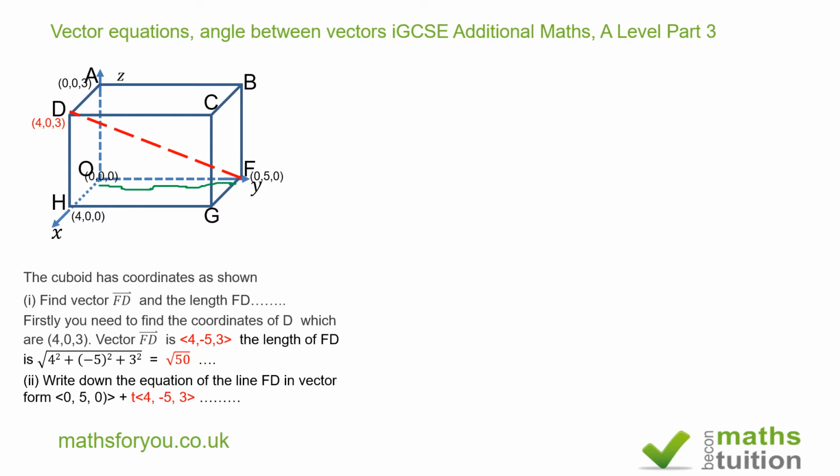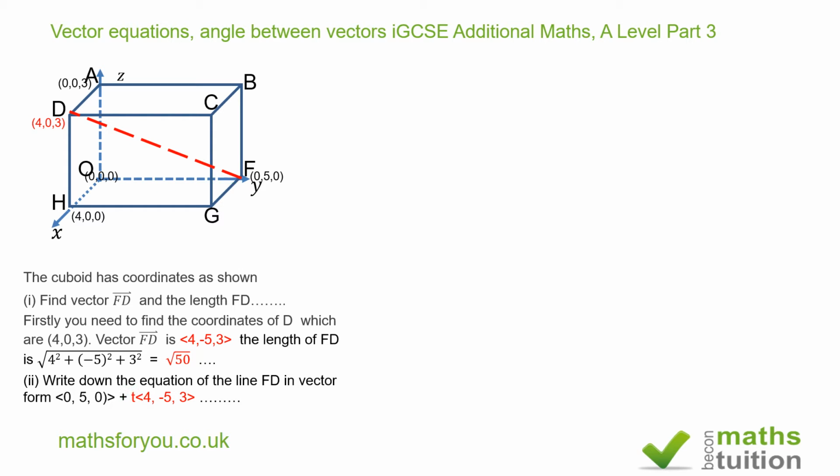And of course for the equation we need to add this t there, because t gives you a variable depending on the points on FD, or even FD extended. So the answer we require is 0, 5, 0 plus t times the direction vector of FD, which is 4, minus 5 and 3.